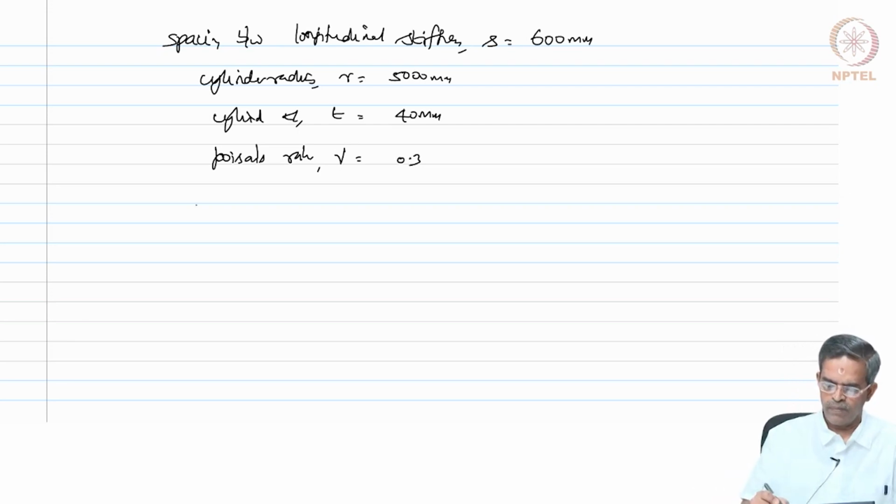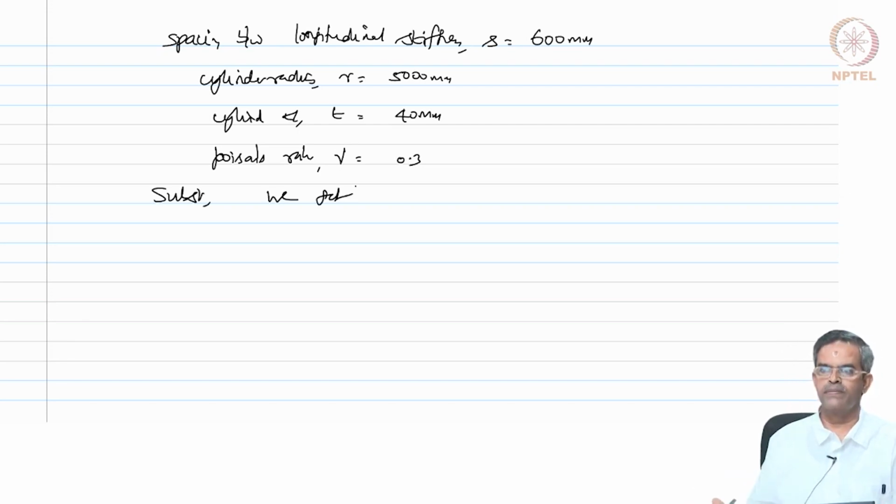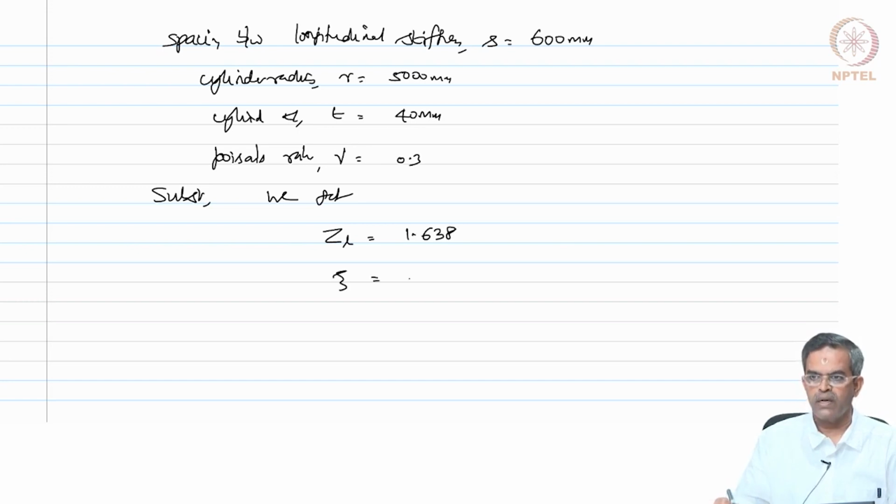So, substituting these values, we get ZL as 1.638, zeta as 1.15 and rho as 0.369.